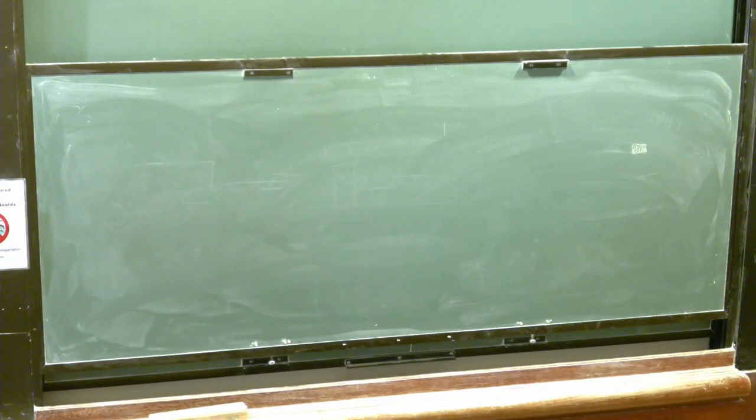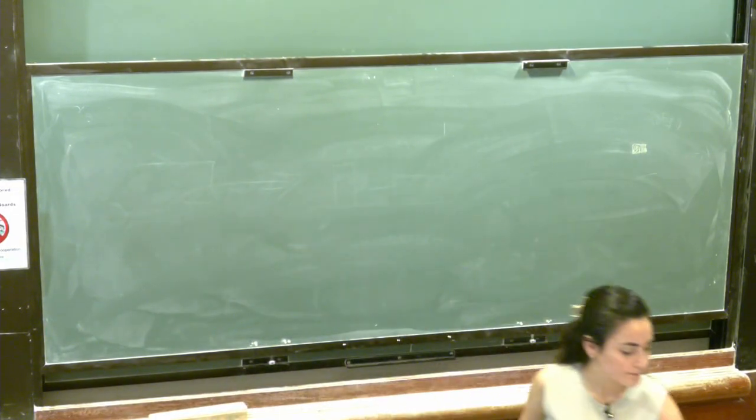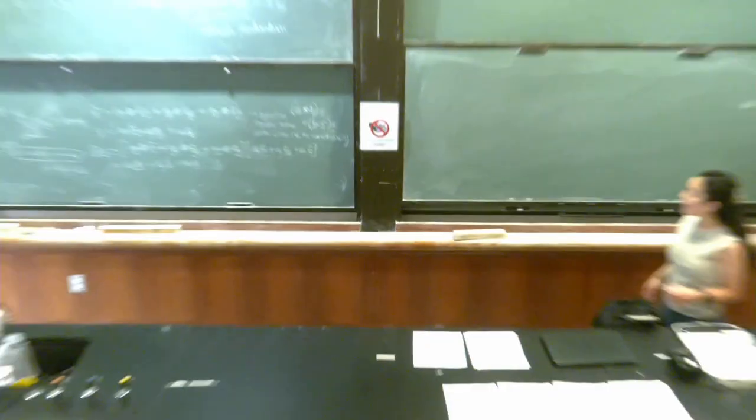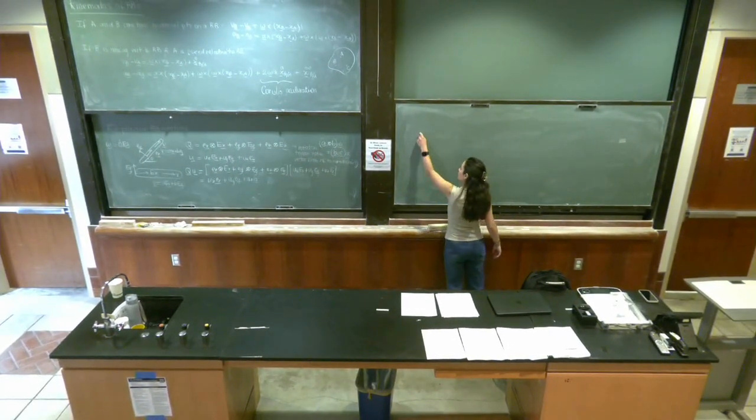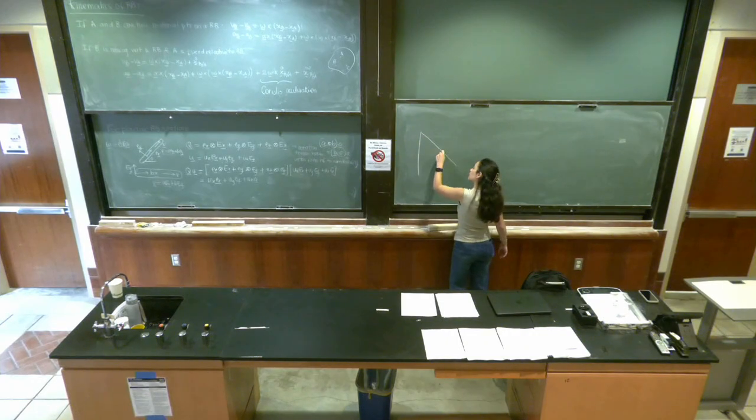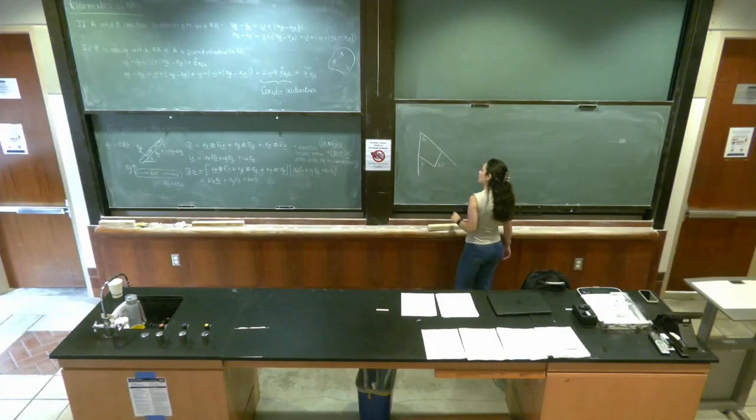So for example, I want to go to the last problem you had on your midterm, which looked like this. And I think you were given the angles here, theta, gamma, I think it was epsilon, here.